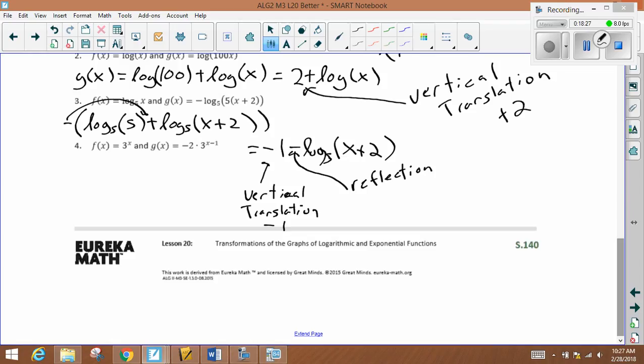It's going to be about the x-axis. And what does this do? It's a horizontal translation of negative 2, right? It's going to go to the left 2.